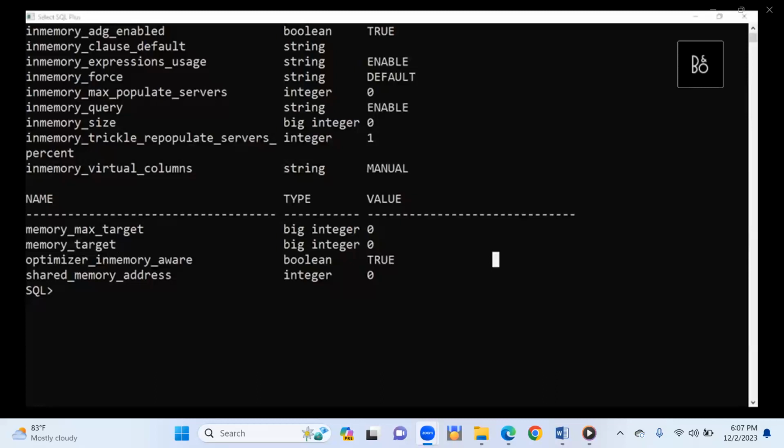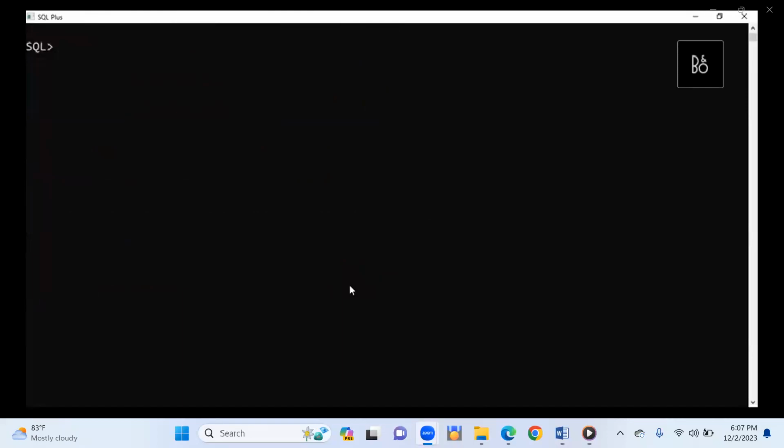By default, we have two methods or two ways of adjusting. One method of memory management is AMM, which stands for automatic memory management.